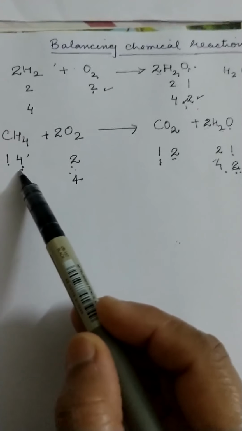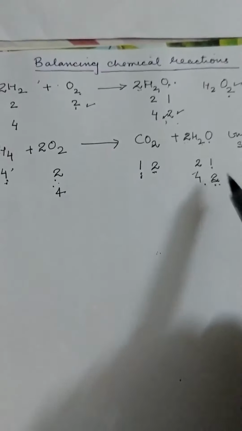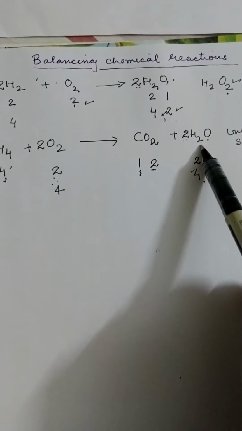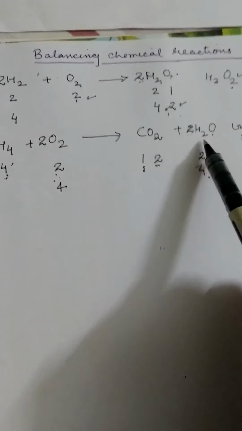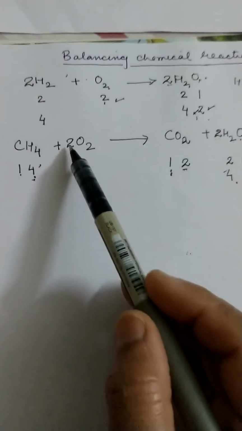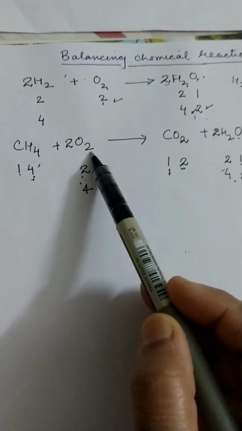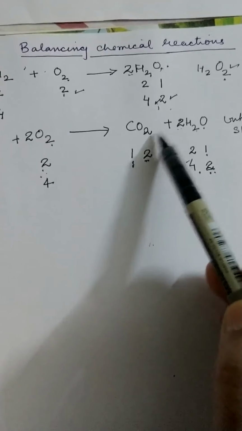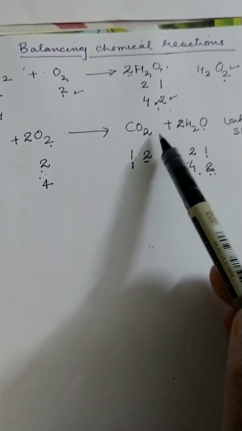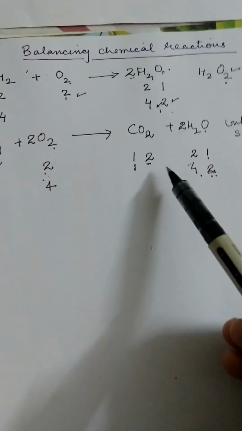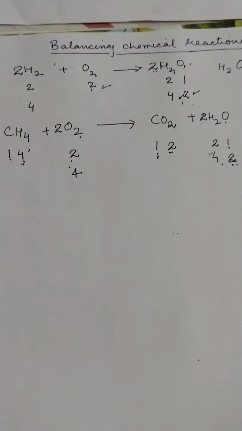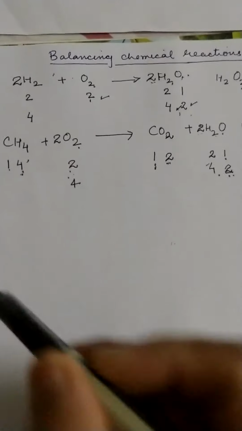Hydrogen 4. Here also hydrogen 4, 2 into 2, 4. Oxygen 2 into 2, 4. Here oxygen 2 plus 2, 4. Now this reaction is a balanced chemical reaction. I'll give you another example.